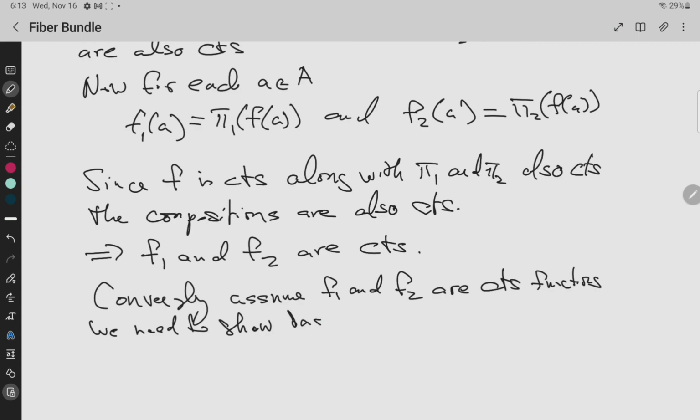But we only need to show this for the basis elements. For example, let's take U cross V, a subset of X Cartesian product Y, and it's open.